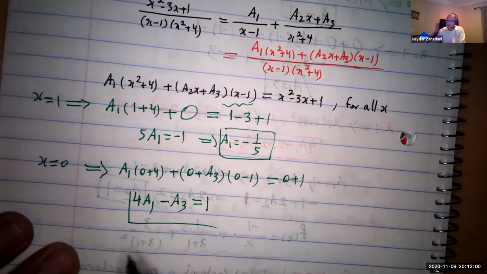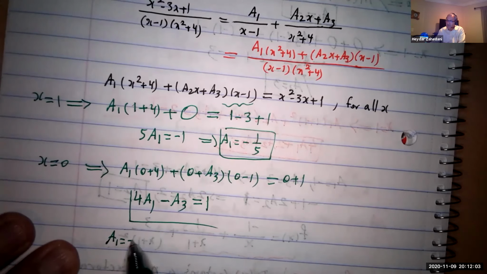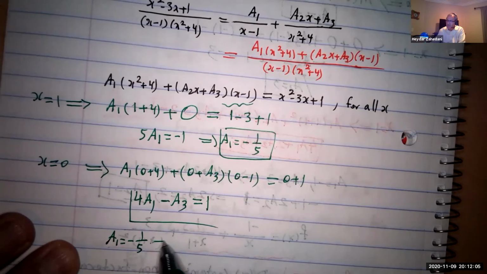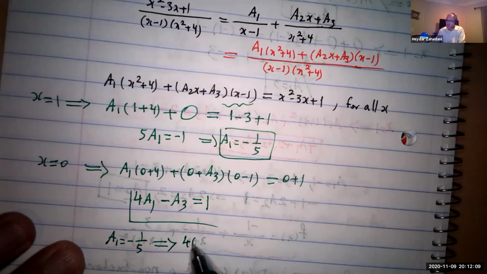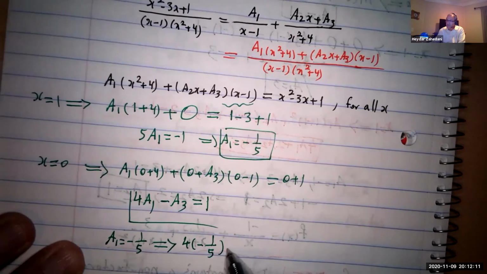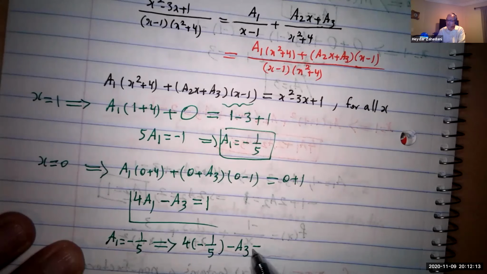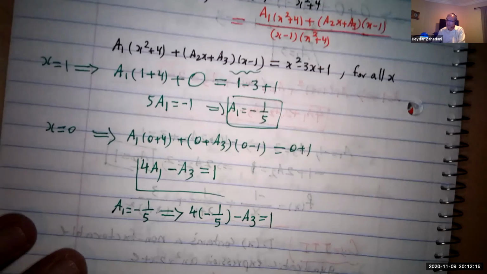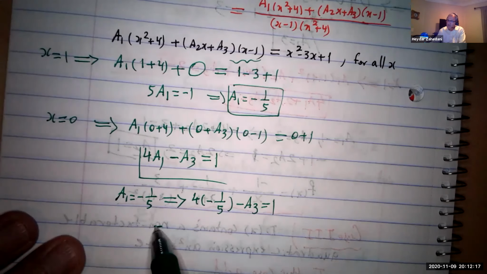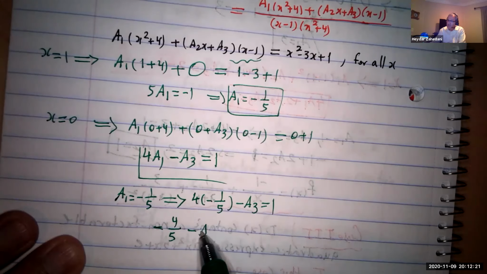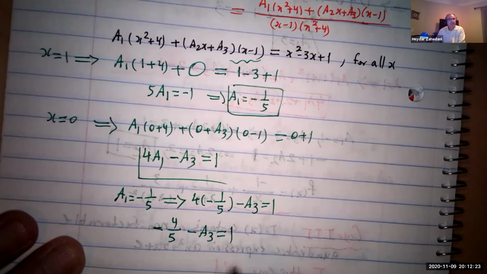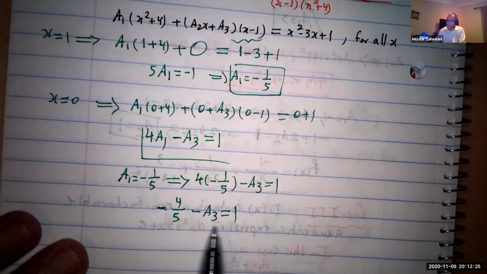a1 is equal to negative 1/5. Now we can substitute. So that gives 4 times negative 1/5 minus a3 equal to 1. Easy. So that gives negative 4/5, minus a3 equal to 1. So you have to find it.